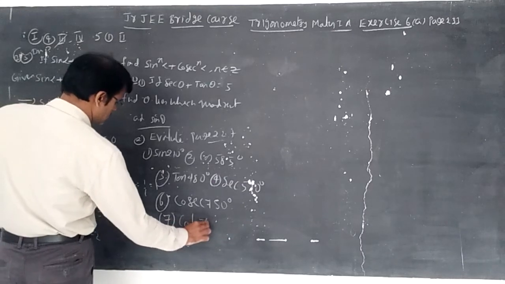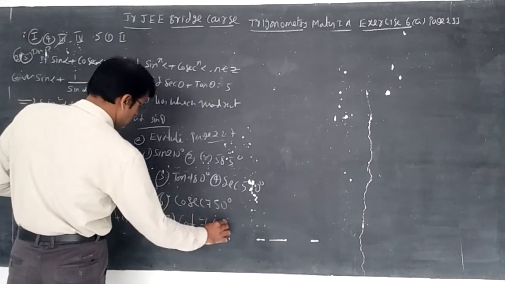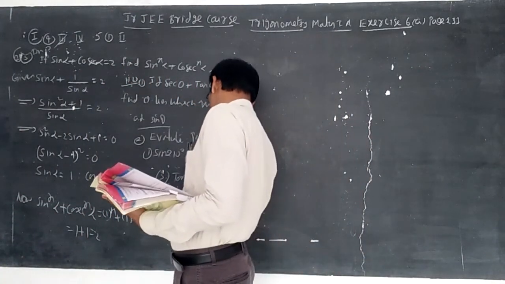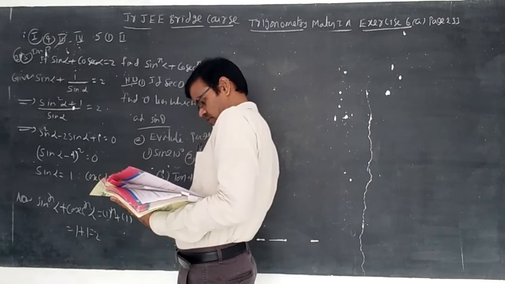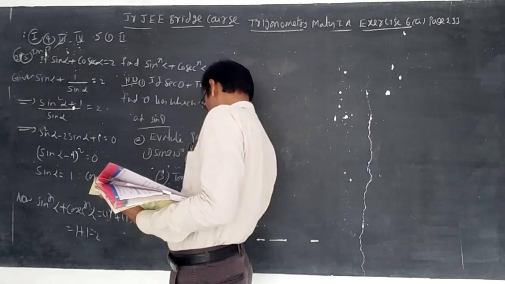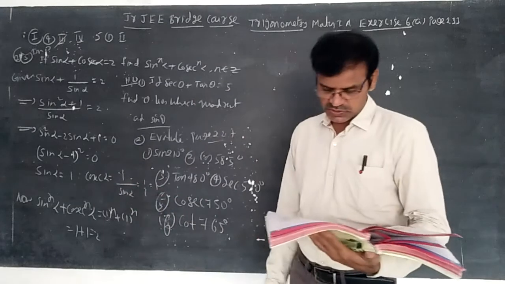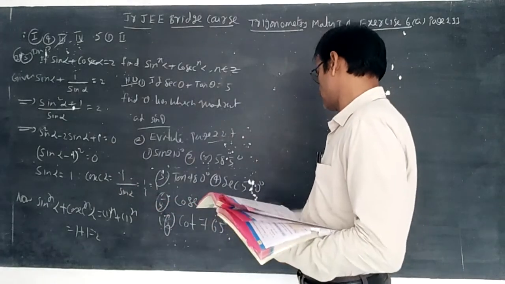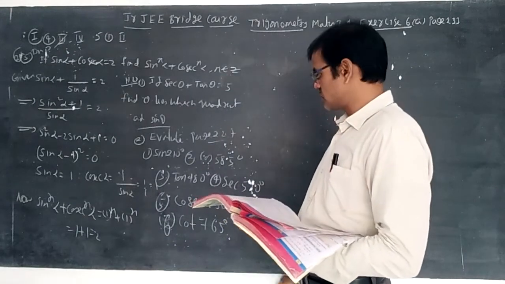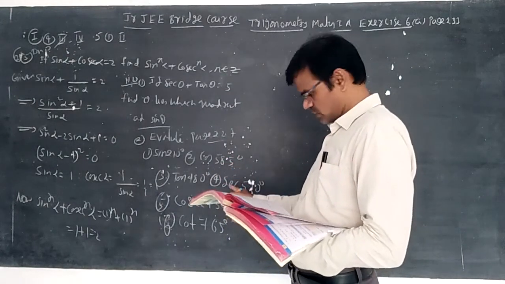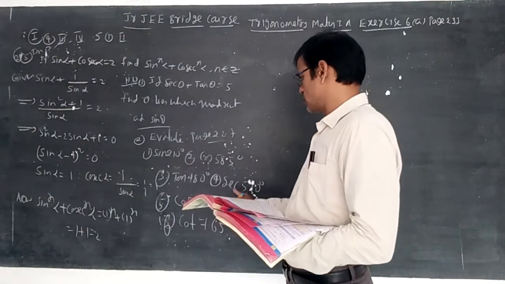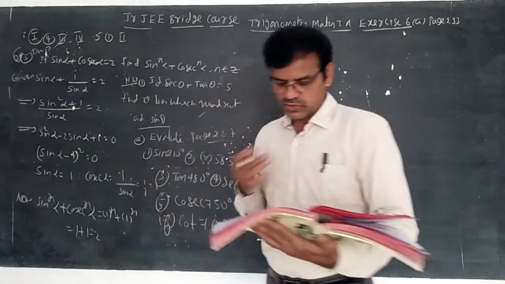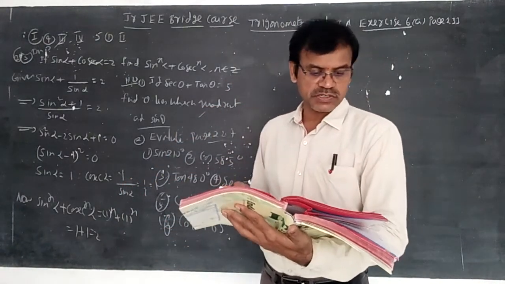Do all the sums. Total 6 questions: sin 210, cos 585, tan 480, secant 510, cosecant 750, cot 765. Today I have given 7 questions in homework, students.